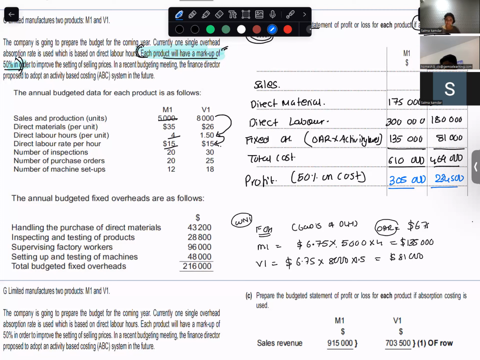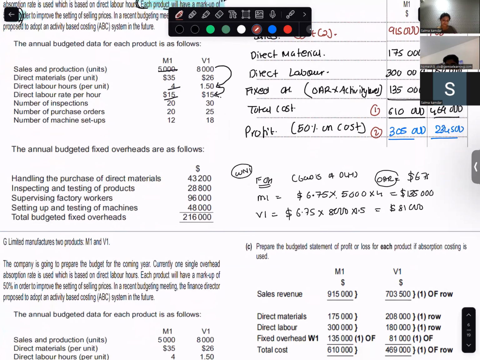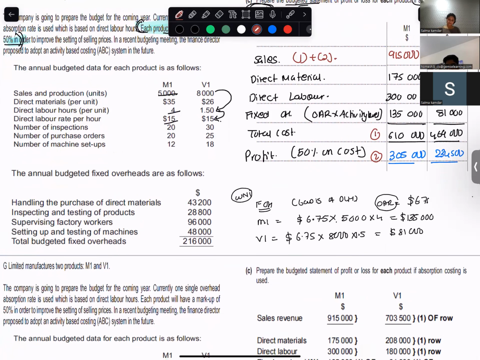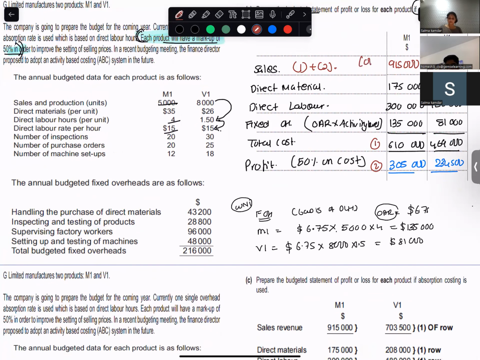Now we just add the total cost and profit to get the sales: $915,000 and 703,500. That is your balancing figure.